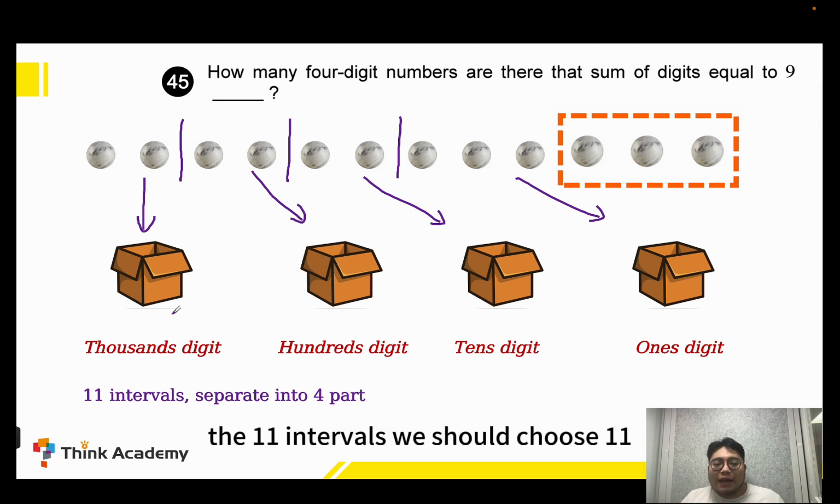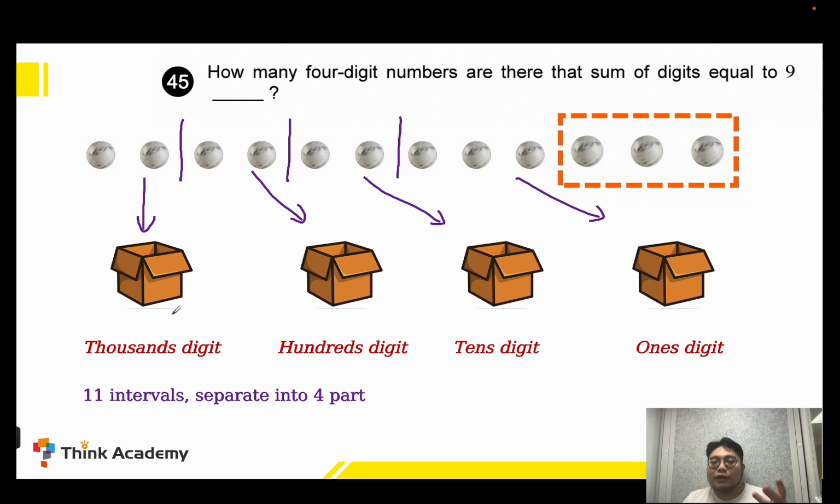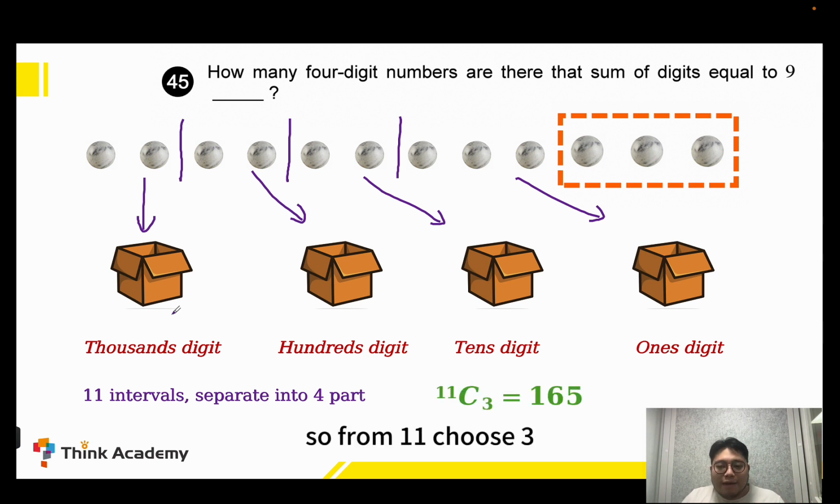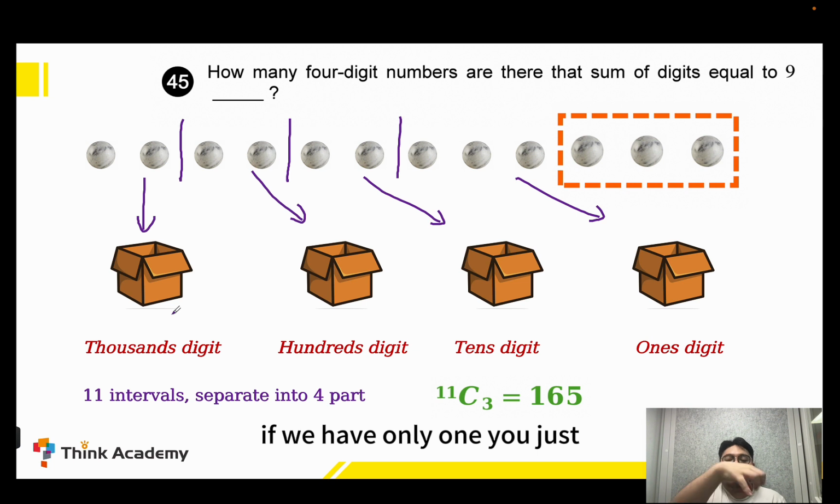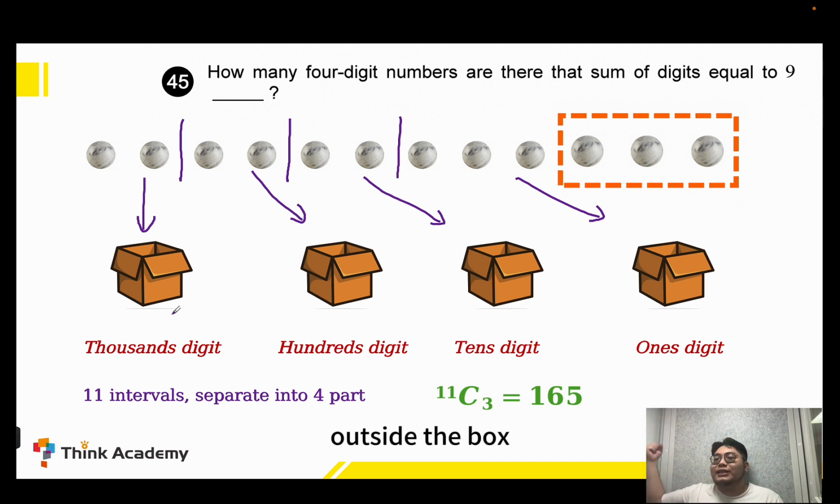So we choose 3 intervals from the 11 intervals, which means using the combination number, 11 choose 3. The answer is 165. After you do this, if a box has only 1, you just take the fake ball out of the box. Okay, so here is the method.